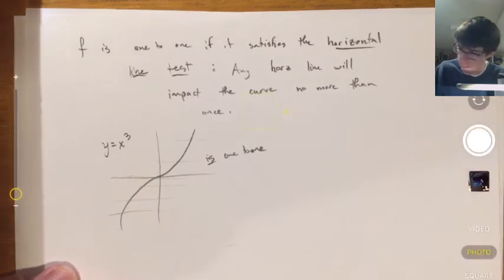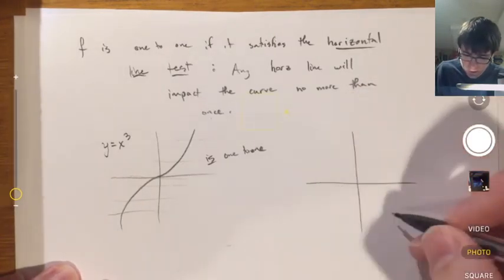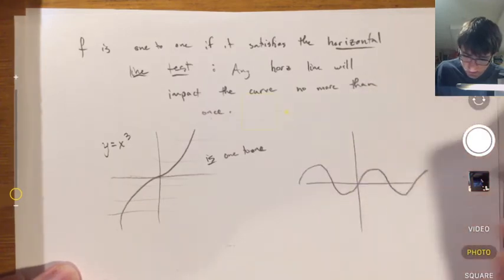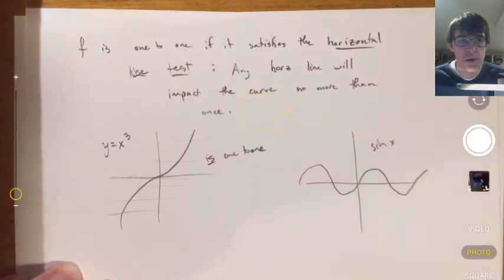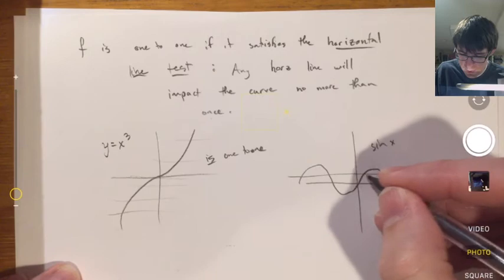Okay, or an example of one which is not one-to-one, how about another favorite function? How about sine of x? This is definitely not one-to-one, because if you imagine a horizontal line, it will hit the curve many times, right? Or 0 times, although 0 times is okay, but many times is not okay.